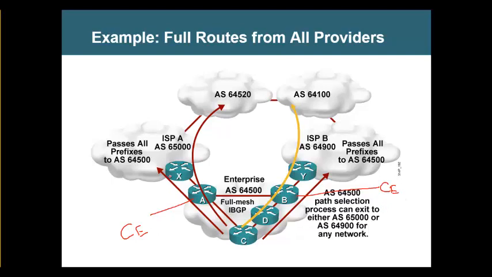And X and Y are PE routers, provider edge. So these are the various ways in which you can learn routes from the provider. One is default route, another is partial and default. The last one is the full routing table.